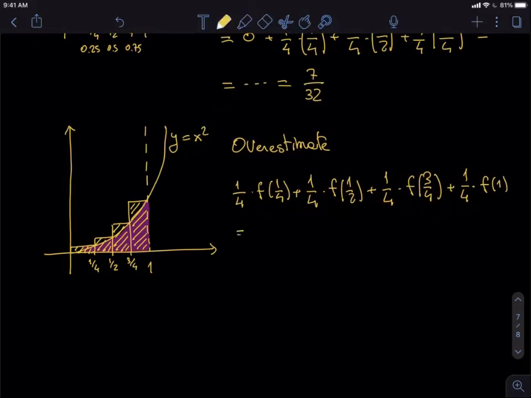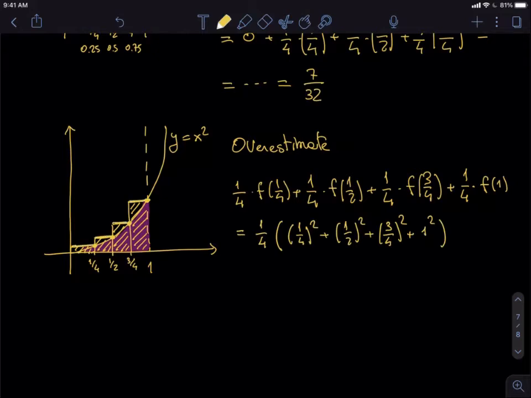Okay, so here we can compute. If we want, we can also factor out the 1/4. Let me do it that way. And we have 1/4 squared plus 1/2 squared plus 3/4 squared plus 1 squared. Those are the values of the function that are giving us the appropriate heights for these rectangles.